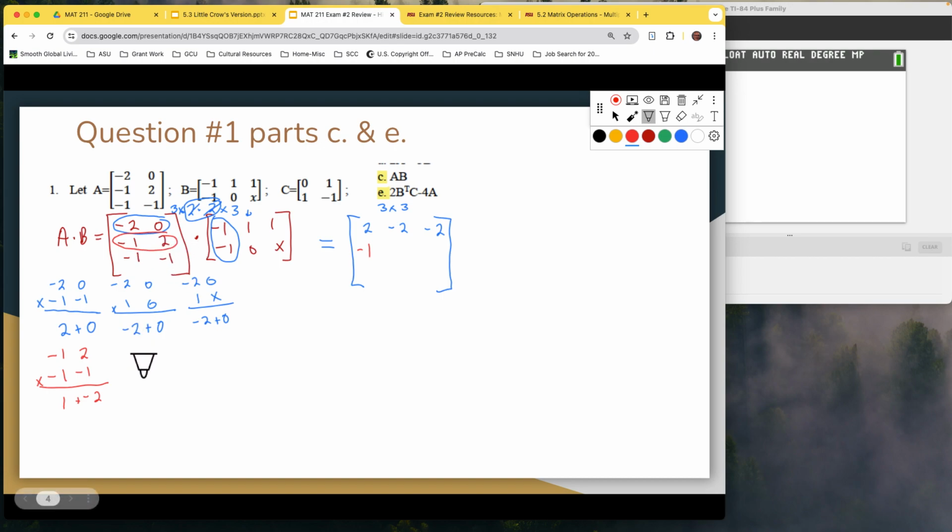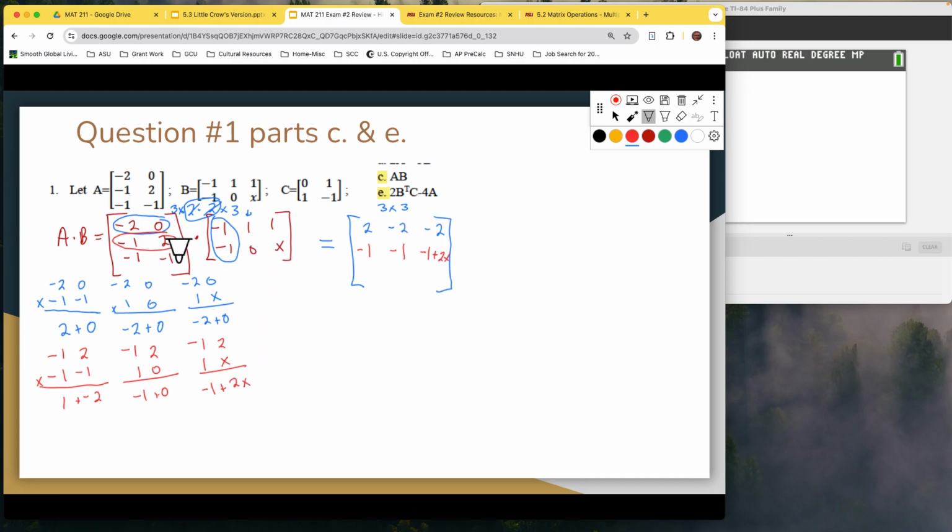Take that second row, second column, we get -1, we get 0, add those together, and that's -1. Second row again, last column, -1 times 1 is -1 plus 2x. Now that cannot be simplified, they're not like terms. That is the answer: -1 plus 2x.